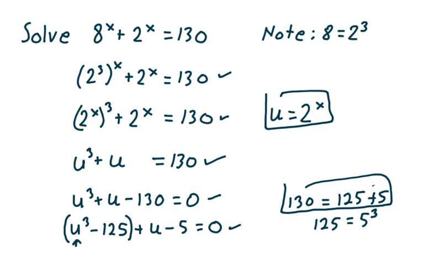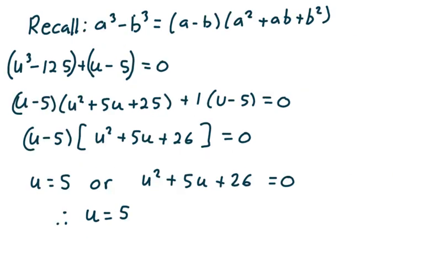I'm going to group the first two terms and I'm going to group the second two terms. That's what I do over here. And then the first two terms can be factored by using a difference of cubes. So we have (u minus 5) times the quantity (u squared plus 5u plus 25) plus 1 times the quantity (u minus 5) equals 0.